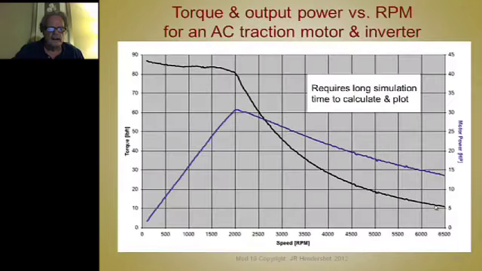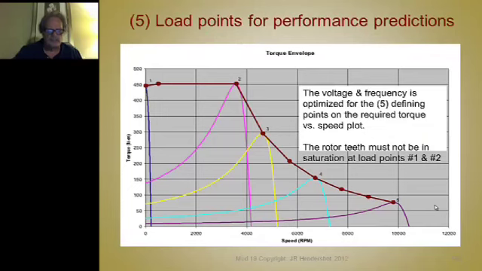A simpler way to do that would be to optimize the voltage and frequency for, say, 5 or 6 load points. This is the max speed that you need to produce torque at, and a couple of points in the constant power range to define the shape of this curvature, and then a point where the peak of the constant torque point is.